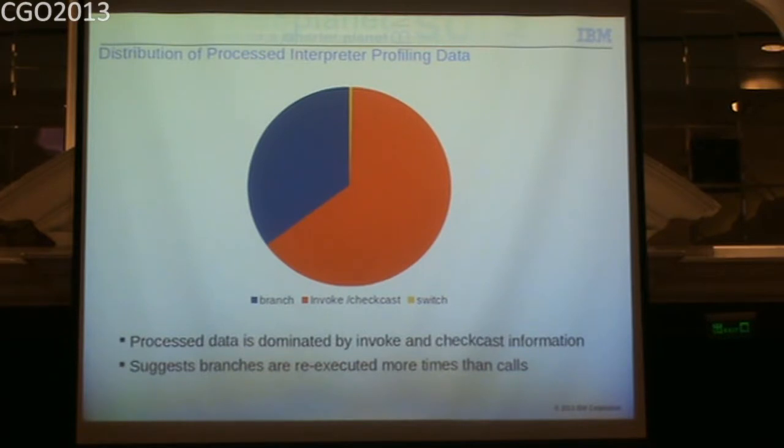This is what the data looks like once it's processed and in the hash table. Here, the data is dominated by calls and check casts. There's still a fair segment for branch information, but not nearly as much as before. So this suggests that branches are re-executed many more times than calls. And we'll be using this information later.